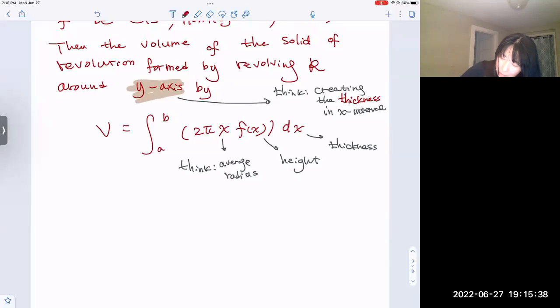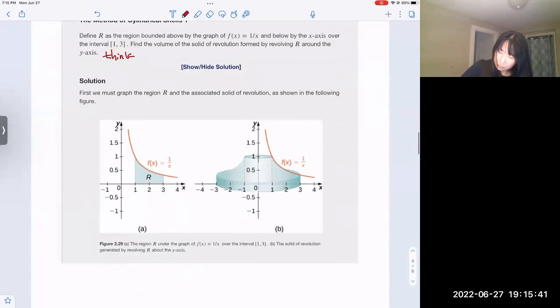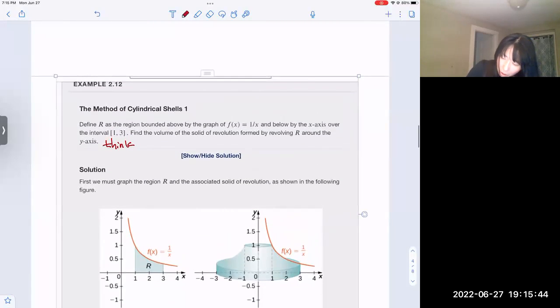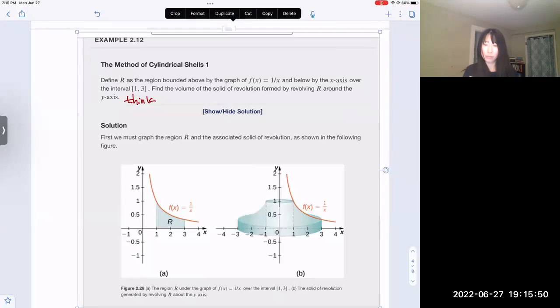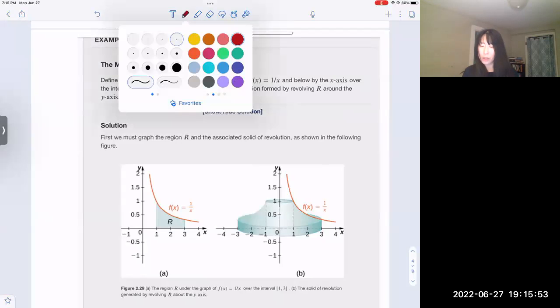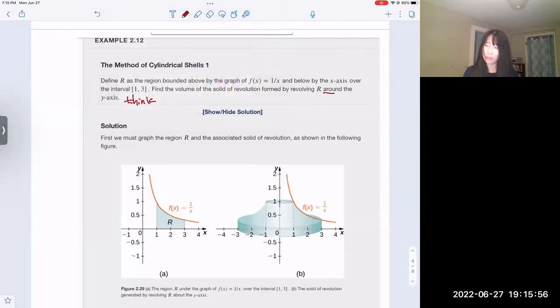Around the y-axis means creating the thickness in the x interval, okay?